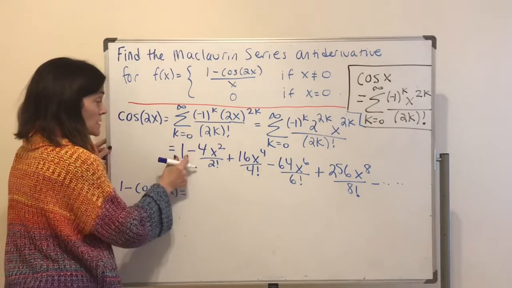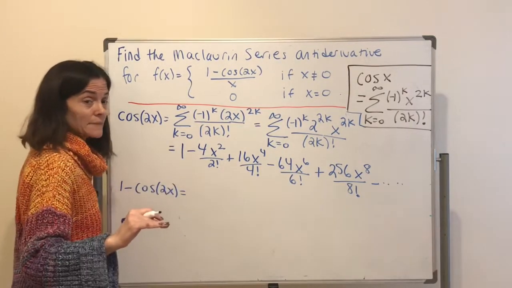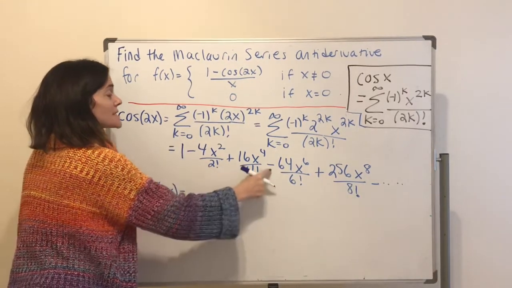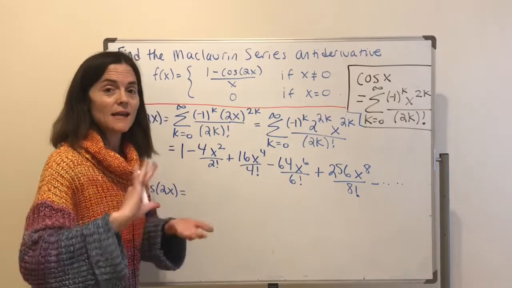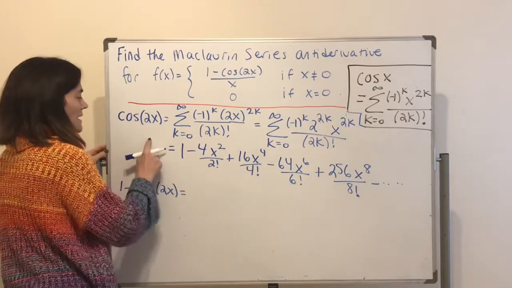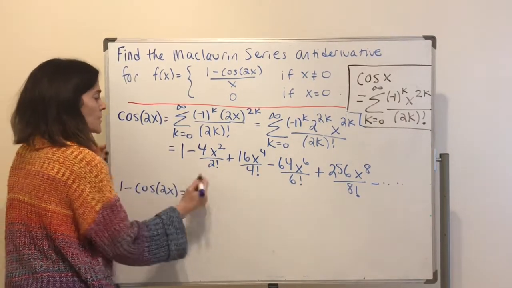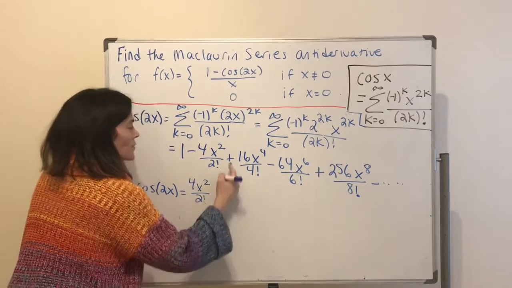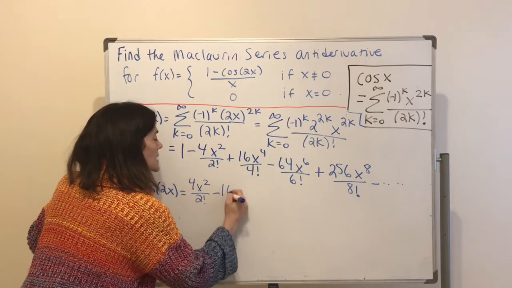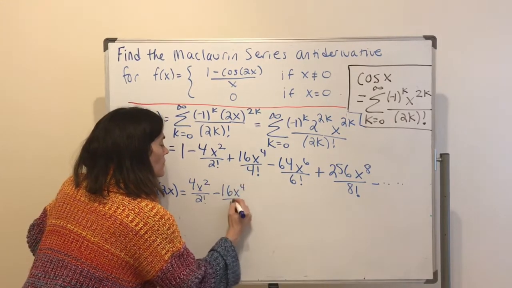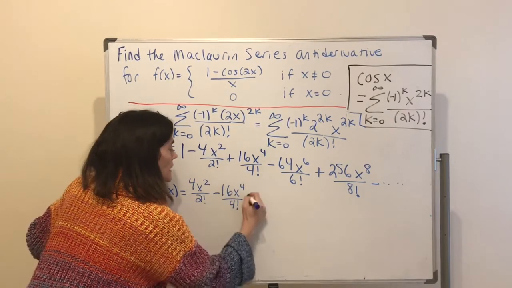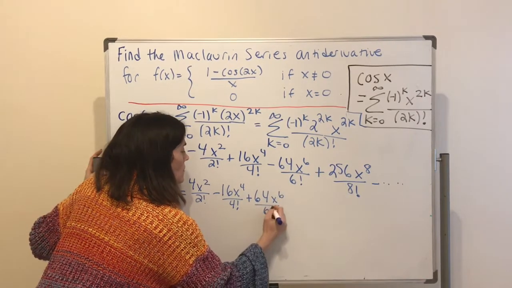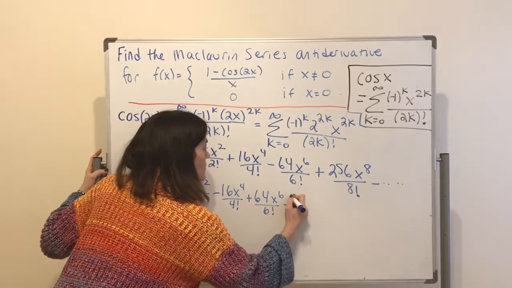So this first term becomes 0, but then all of the other signs switch. If you are negative and you take 1 minus, you become positive. If you're positive and you take 1 minus, you become negative. And similarly here, this would be a positive, and this would be a negative.